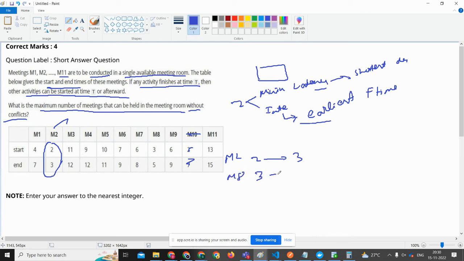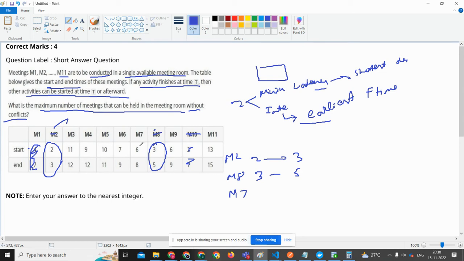We choose M8 and remove M1, 3 to 5. We should remove M1 because it has 4, right? Nothing else can be removed. Then M7, because it has the next minimum end time.